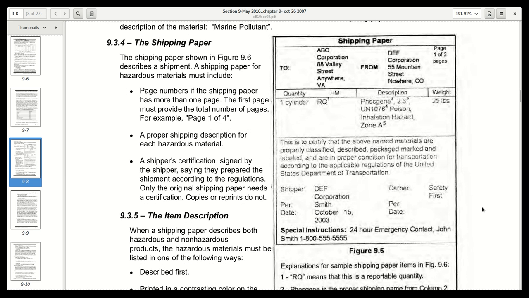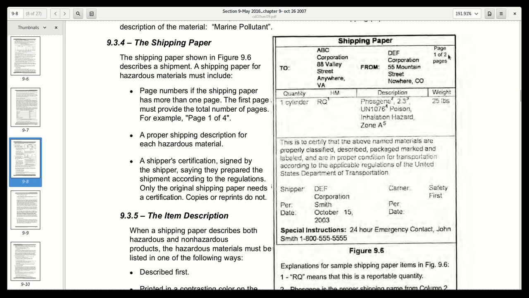All right, 9.3.4, the shipping paper. It's like a bill of lading, right? The shipping paper shown in Figure 9.6 describes a shipment. A shipping paper for hazardous materials must include page numbers if the shipping paper has more than one page.